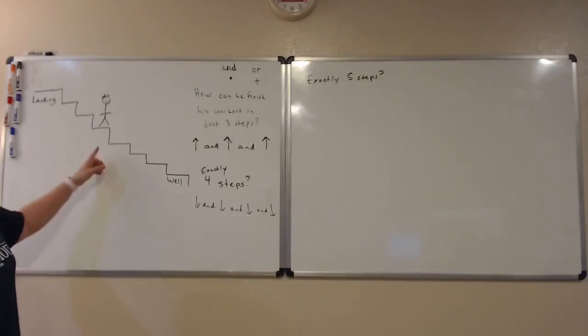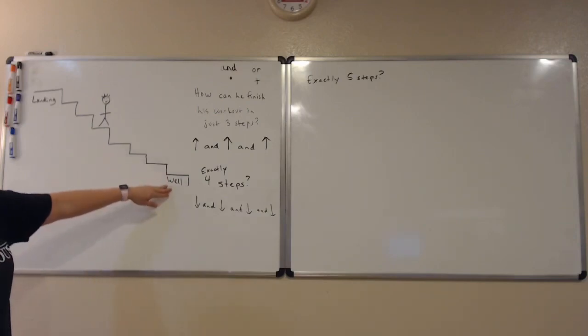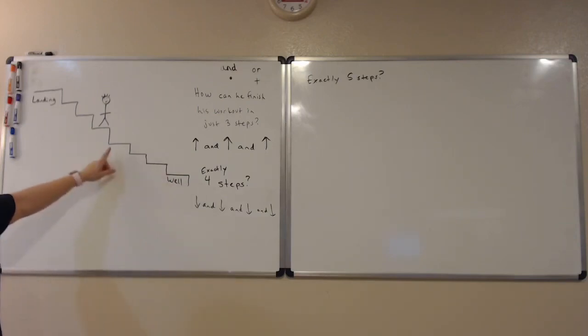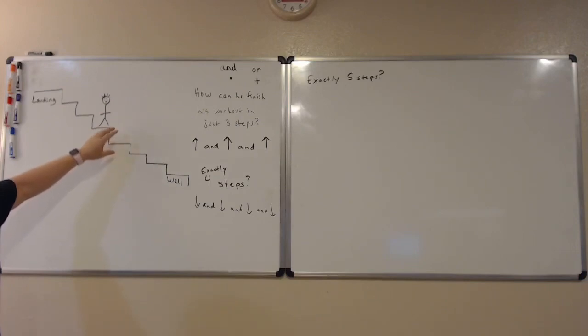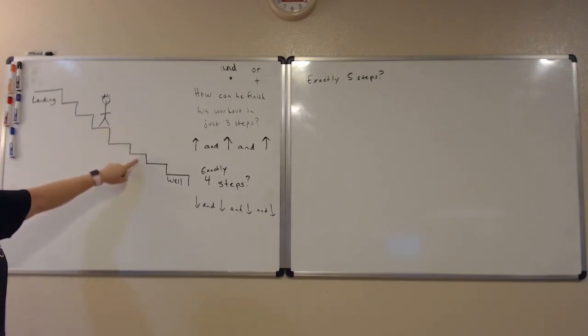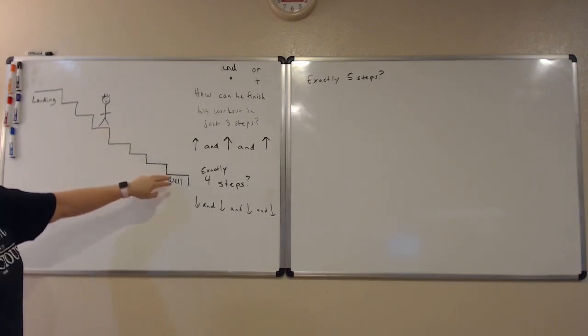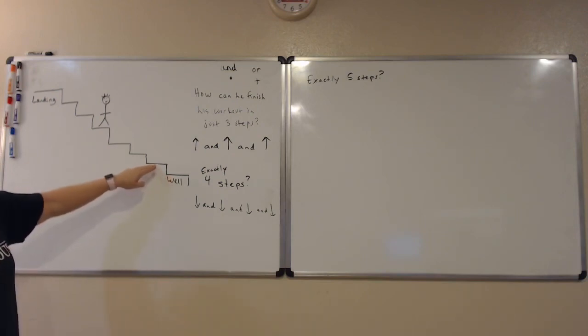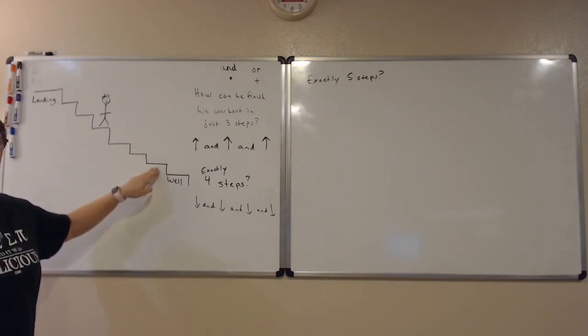Can he get down to the well in exactly 5 steps? So let's try this. Let's see, 5 steps down. He goes 1, 2, 3. Oh, can't do the 4. 4. Oh no, he doesn't quite make it there.